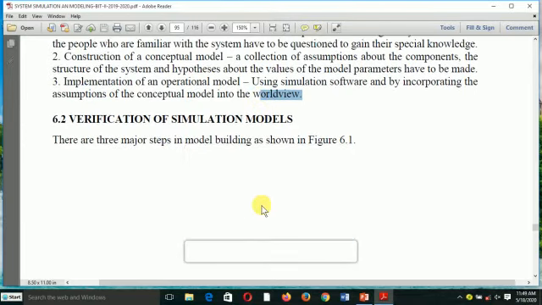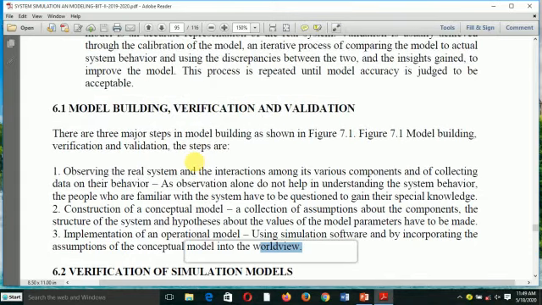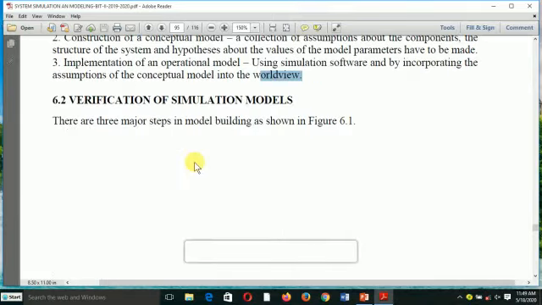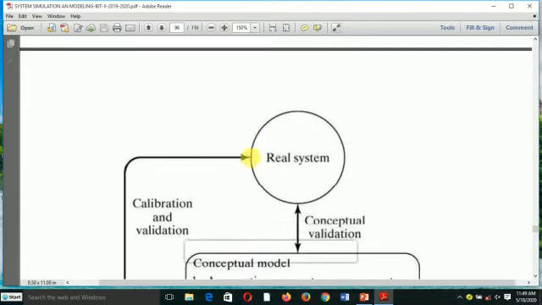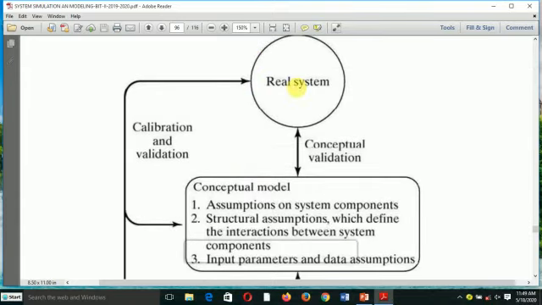So, what is the verification of the simulation model? You have to verify. The verification will be performed in 3 major steps. The first one is that we have a real system, and you are going to observe the real system. After observing the real system, you are going to validate the system using calibration.